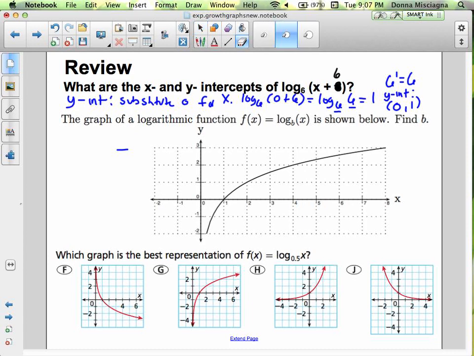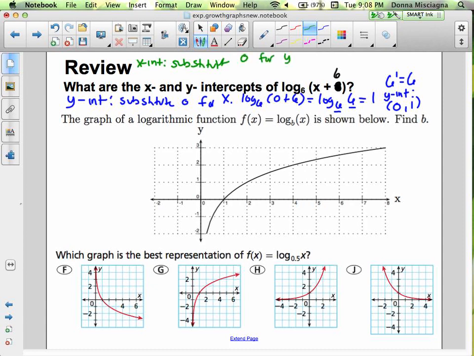All right, so that was the y-intercept. Now let's try the x-intercept. So for the x-intercept, substitute 0 for y. All right, so now we have 0 equals log base 6 of x plus 6.